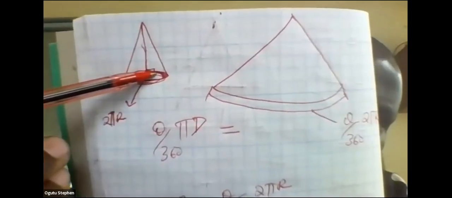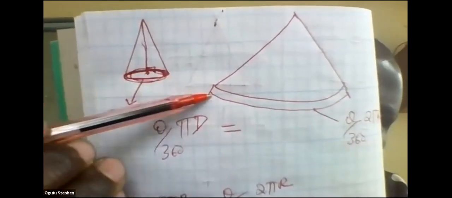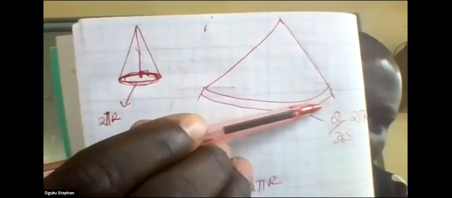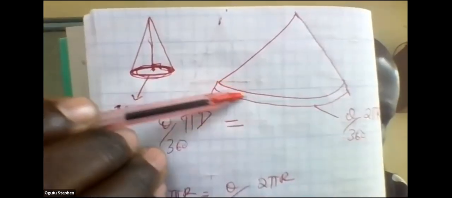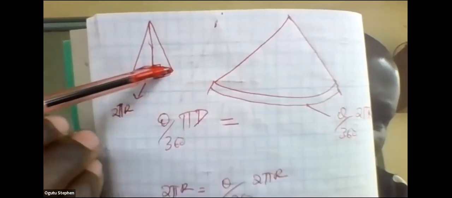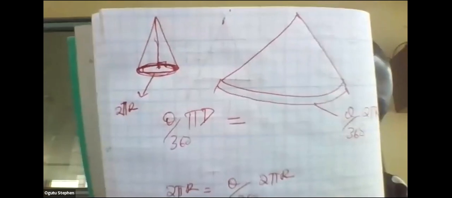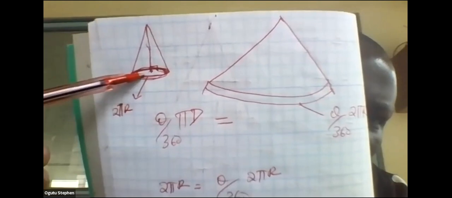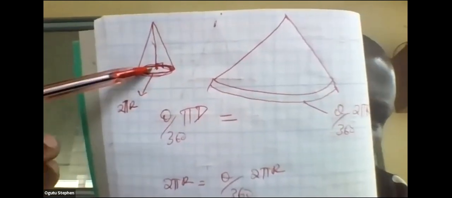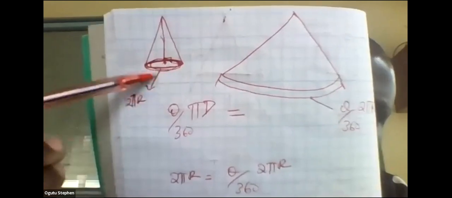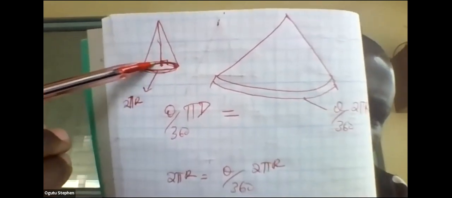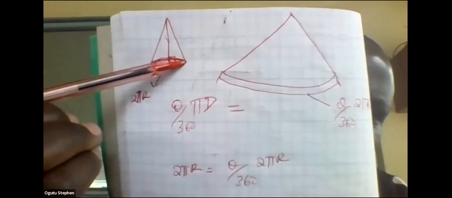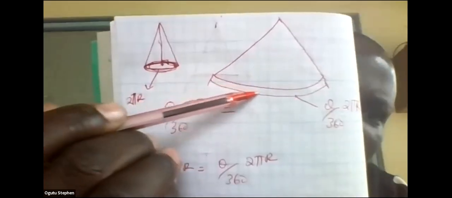So this is our cone. When we open this cone, this part that is here will be the length from here to here. This length here is the circumference of our cone. When you open that cone, this circle is 2 pi r, or you can say pi d. The circumference is 2 pi r, or you can say pi d. So that means this 2 pi r, which is the circumference of this, is equal in length to the arc of the sector.